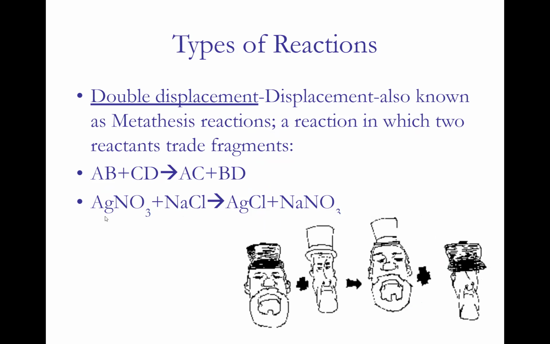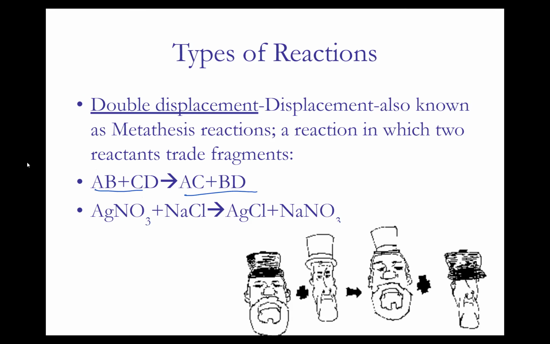Double displacement is a fourth type of reaction. This is also known as a metathesis reaction sometimes. It's just where you have two reactants trade fragments. So everybody's paired up to start with, but nobody has the same partners on the product side. It'd be like two couples switching dance partners.